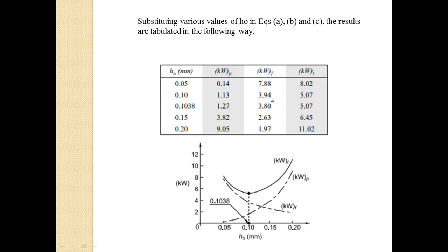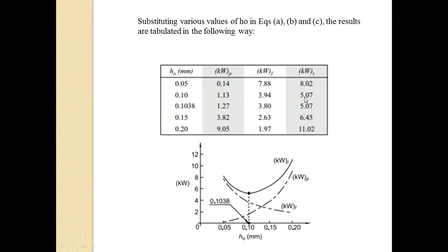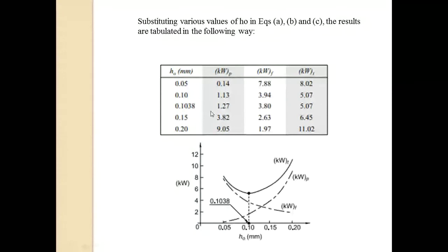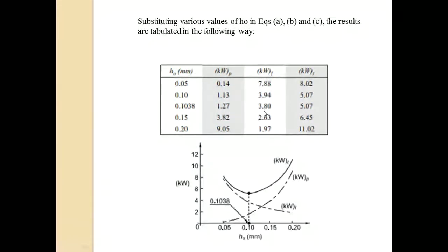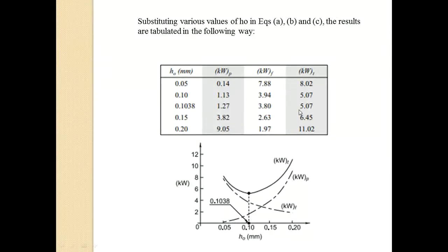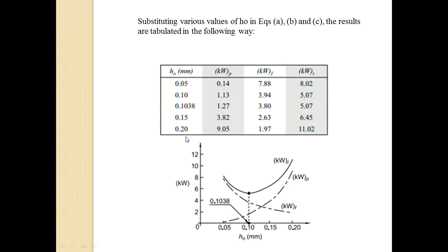For the viscous friction we got 3.94, and total energy losses 5.07. Again for the optimum value 0.1038, we got KW of P 1.27, KW of F 3.80, and total losses 5.07. For 0.15 we got 3.82, 2.63, and 6.45. And for 0.20 we got 9.05, 1.97, and 11.02.